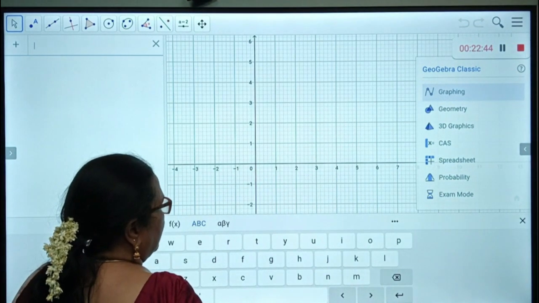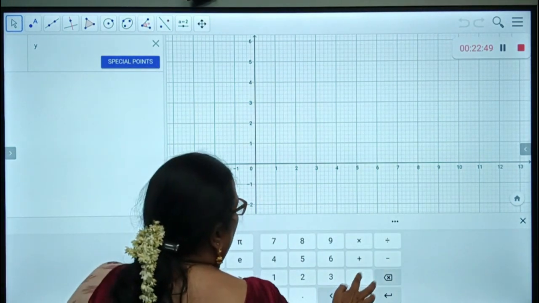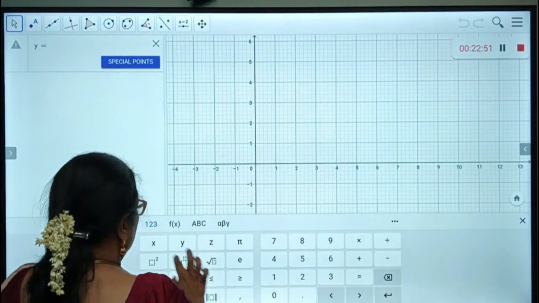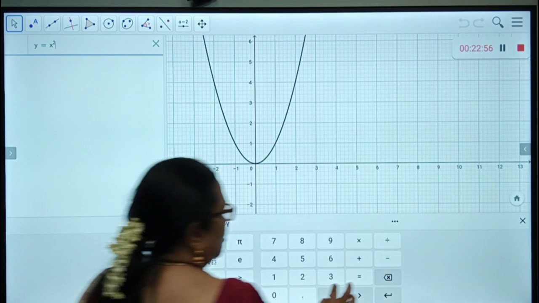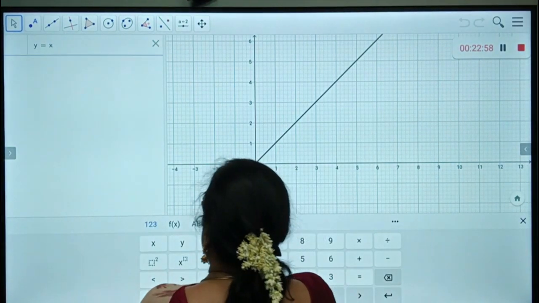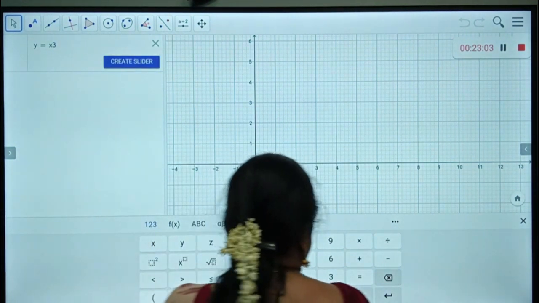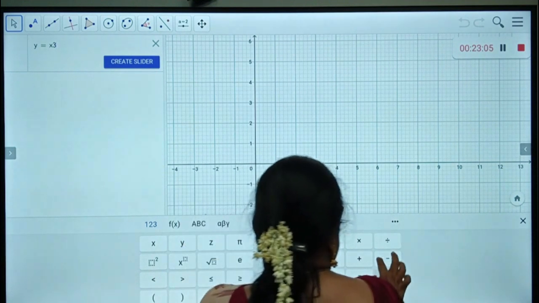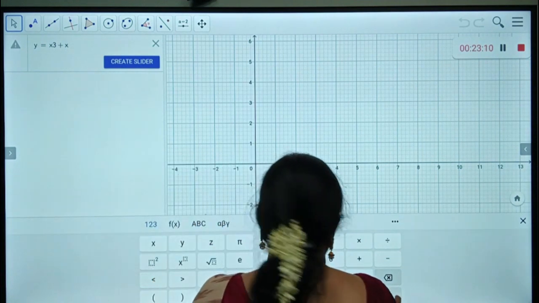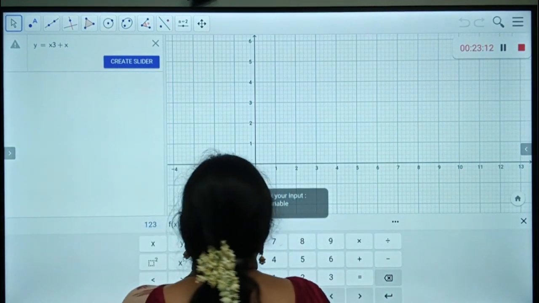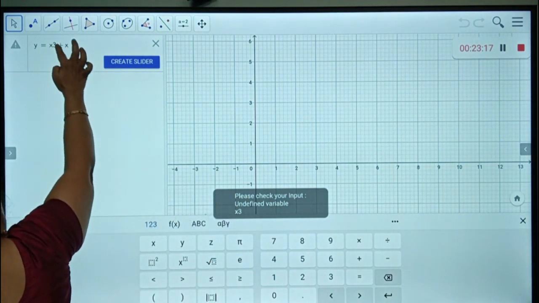I'm just going to write y equal to x power 3 plus x. I'm just going to remove this.